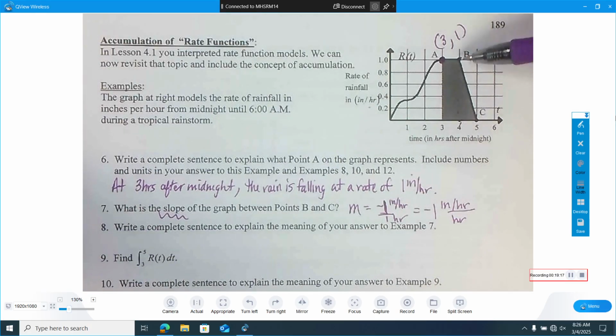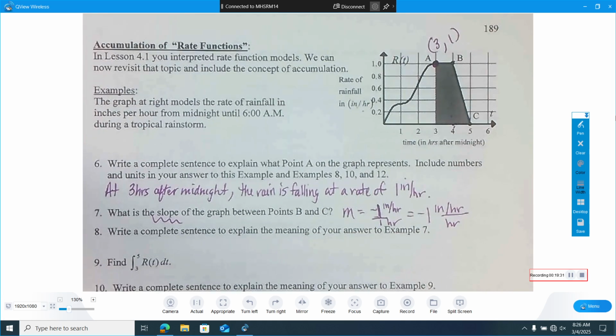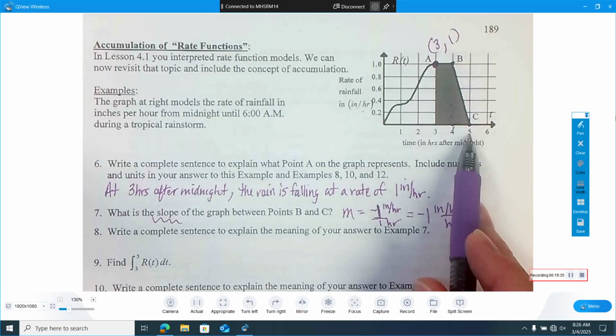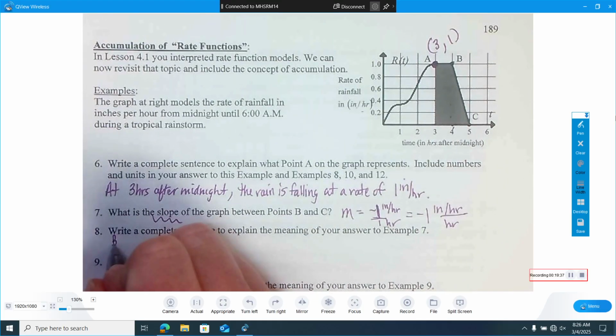All right, so when we're talking about the slope of a function, you can see our function is going downhill, so it is decreasing. Our function is decreasing, so our rate of rainfall is decreasing. Between points B and C is the time period between 4 and 5 a.m., so we're going to start with that.